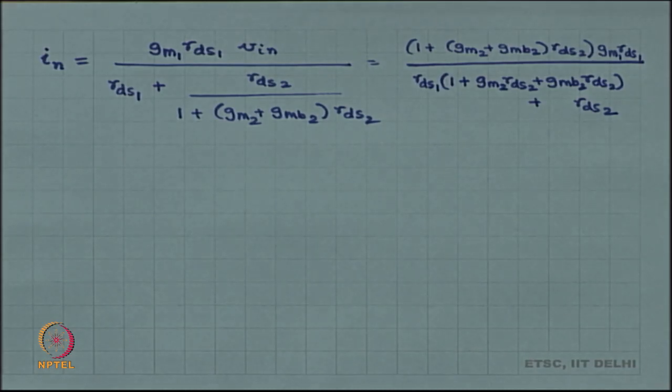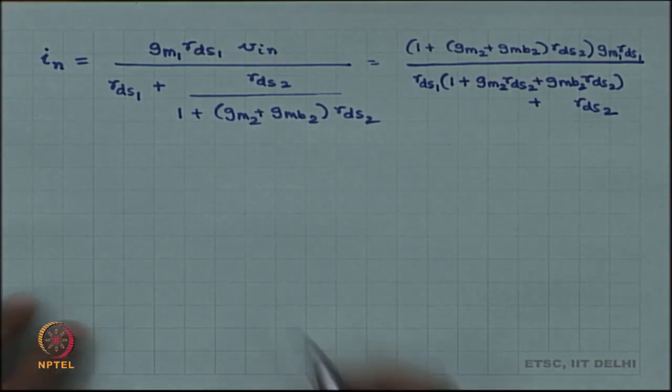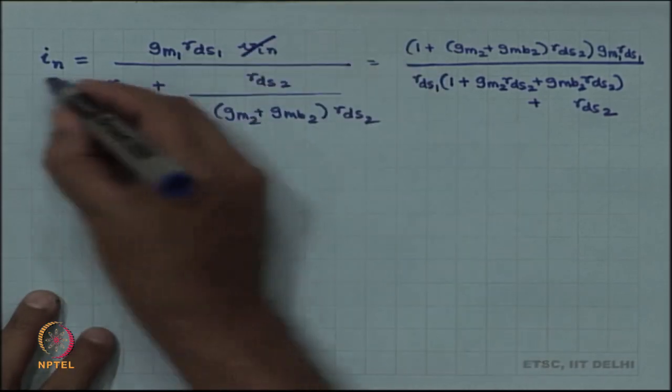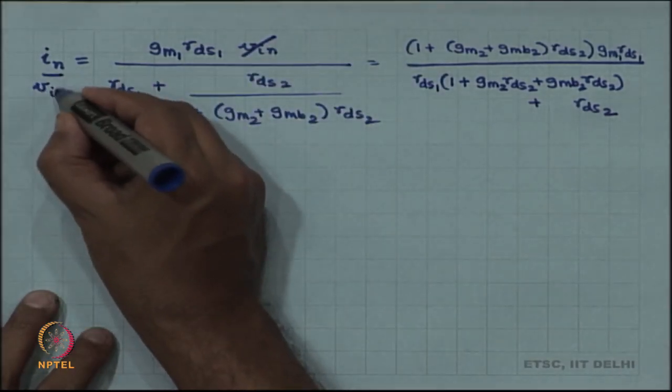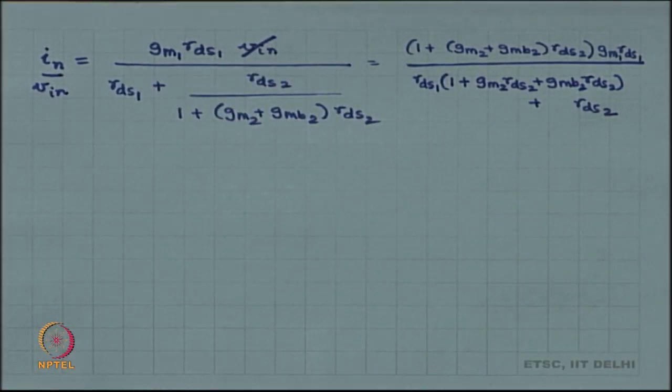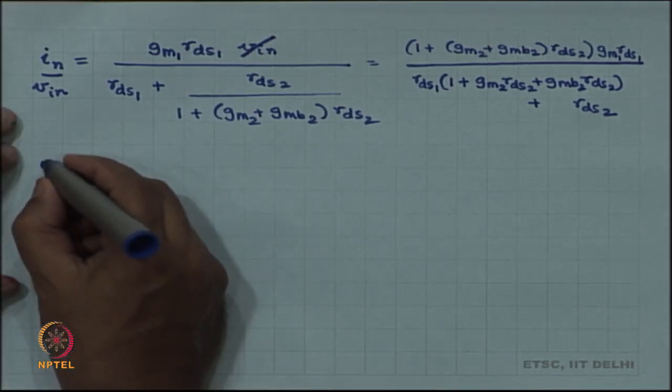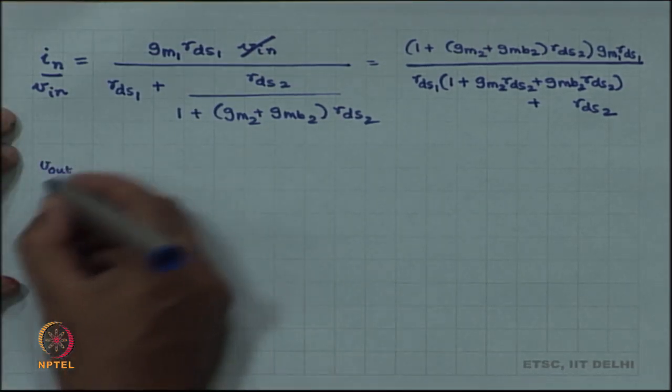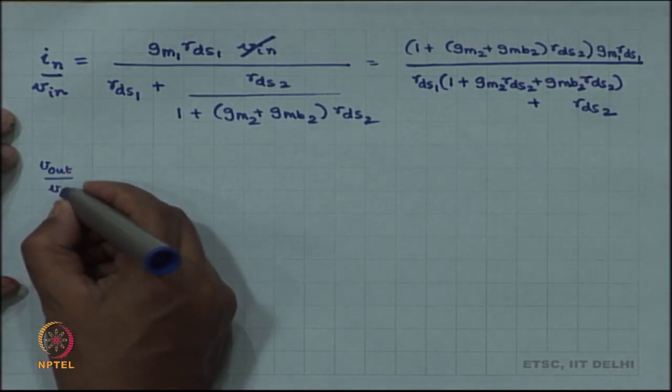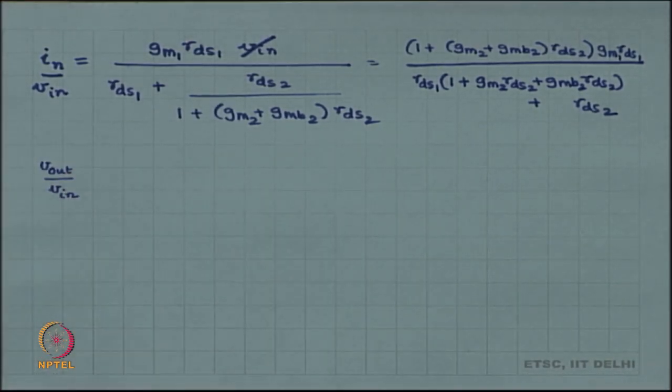And this is the transconductance, and then the next step is to multiply this whole thing with the output impedance and that will give you V out. Should you do that?